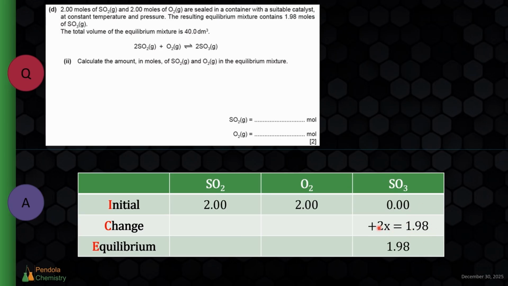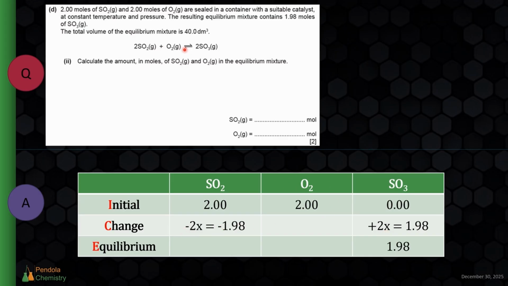And we're going to relate that to an algebraic equation of 2x because the coefficient is 2 and the change is positive. And so from there, SO2 is going to be negative 2x because the coefficient is 2 and it's the reactant, not the product, so it has to be negative. And so if 2x is 1.98, negative 2x is negative 1.98.